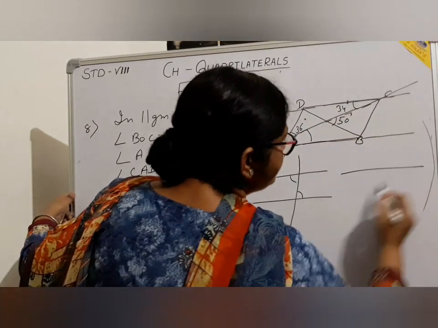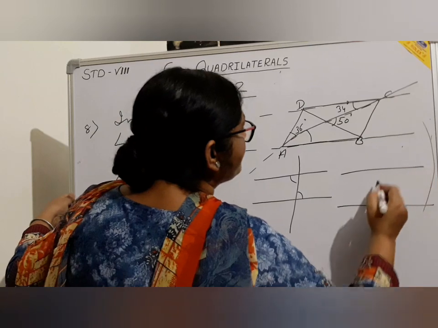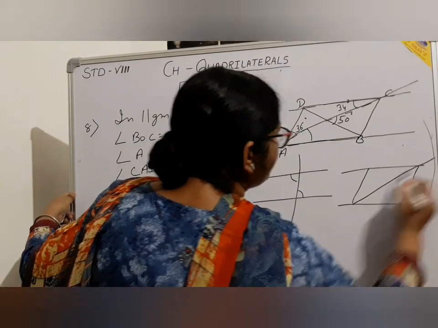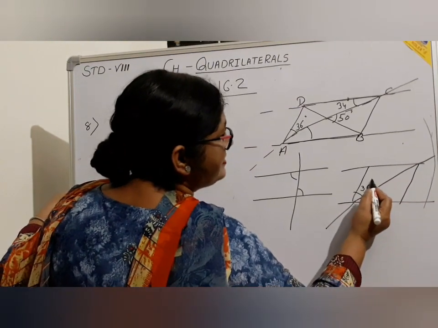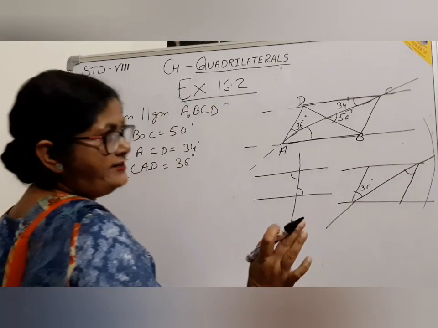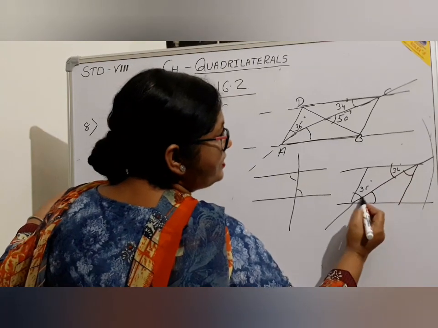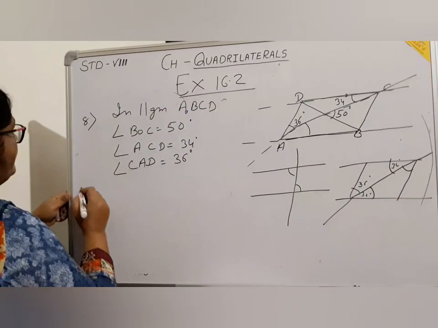How? Two parallel lines. This line cuts, it is 36 degree and this angle also 36 degree because these are two alternate angles, and this is 34 degree, this angle also 34 degree because these are two alternate angles.